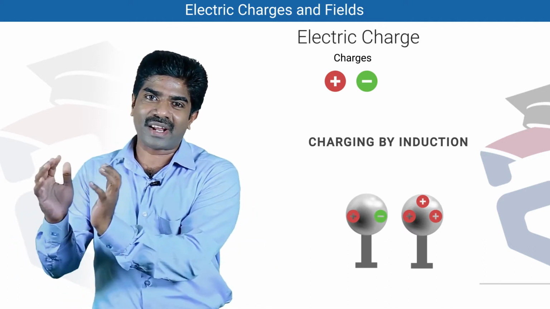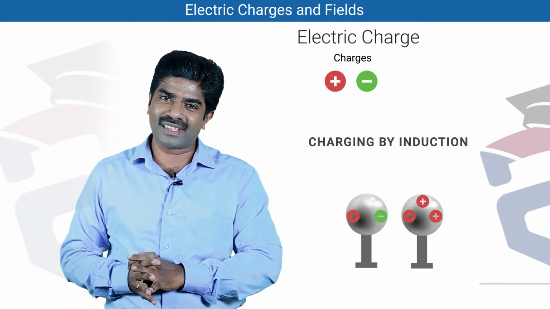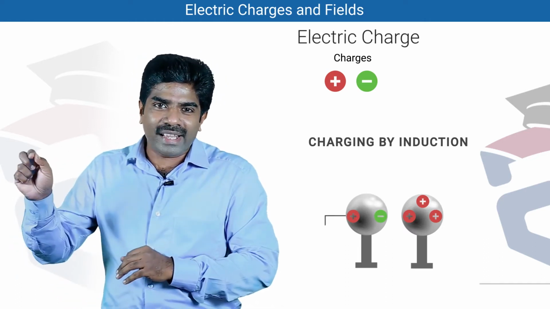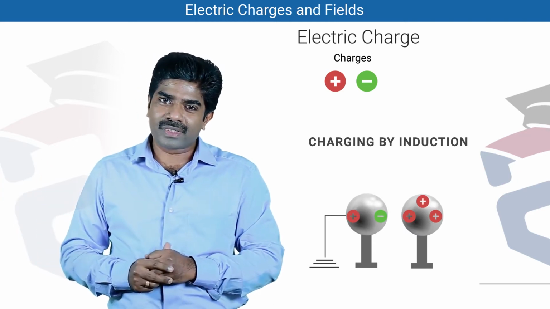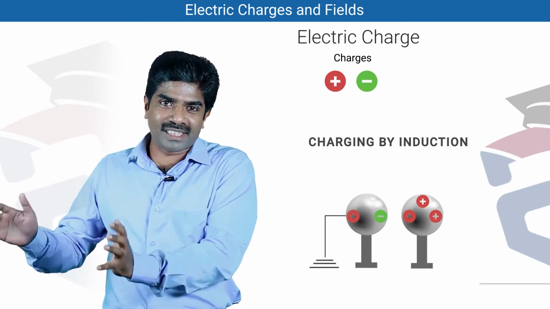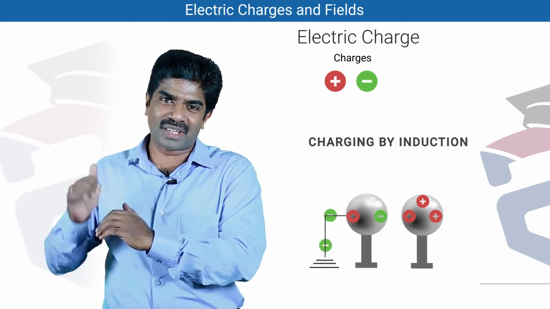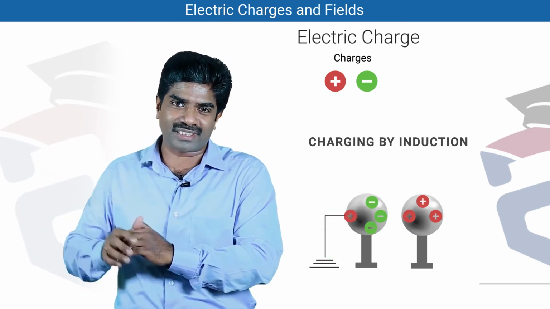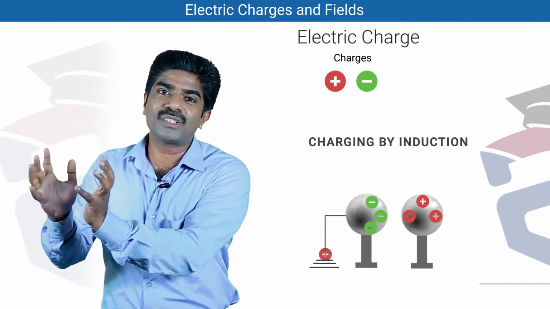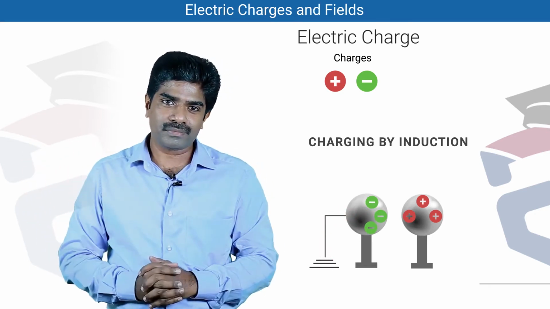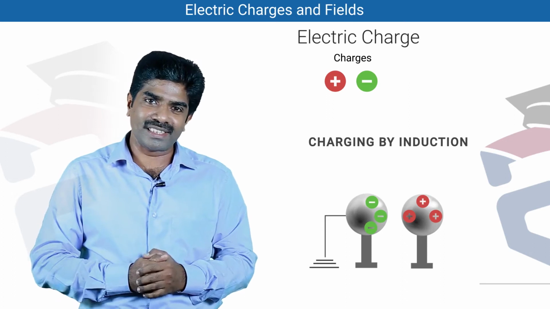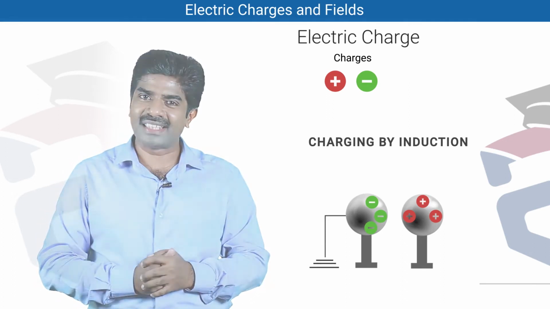So you can see a polarization of charges on the neutral sphere. By earthing the neutral sphere, Earth, we know, has a large number of free electrons. The free electrons from Earth move towards the neutral sphere and neutralize the positive charges. Thus, the neutral sphere gets charged. This method of charging is known as charging by induction.